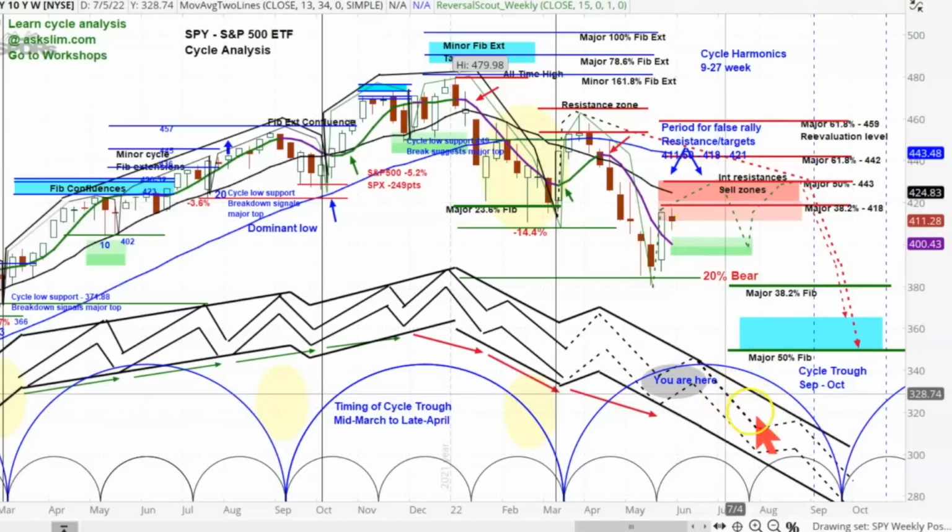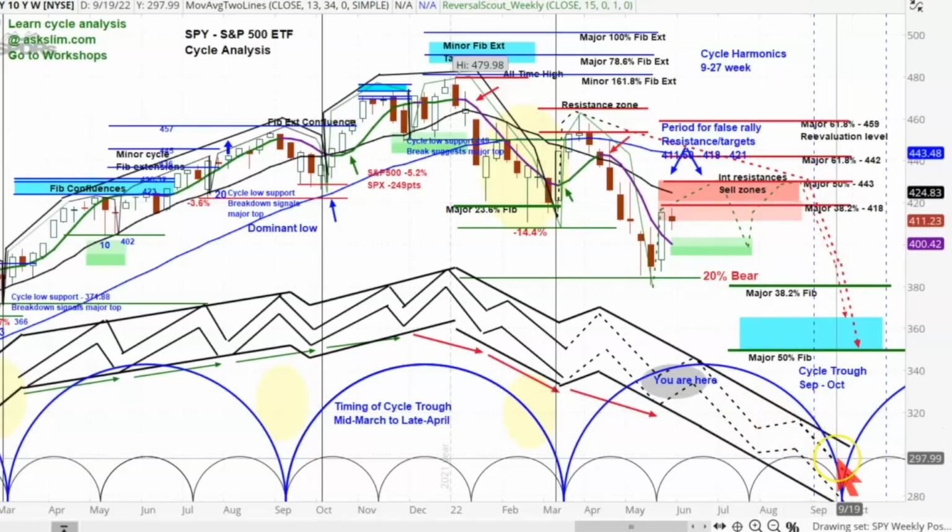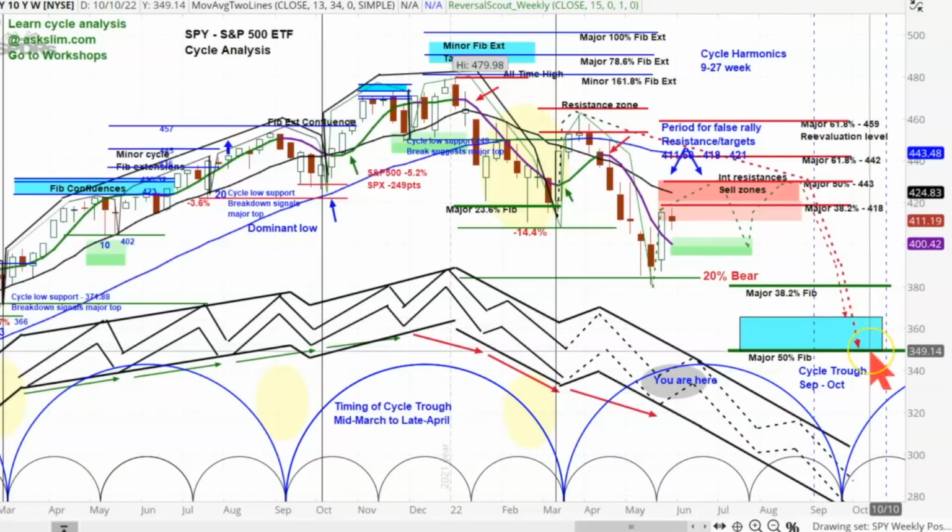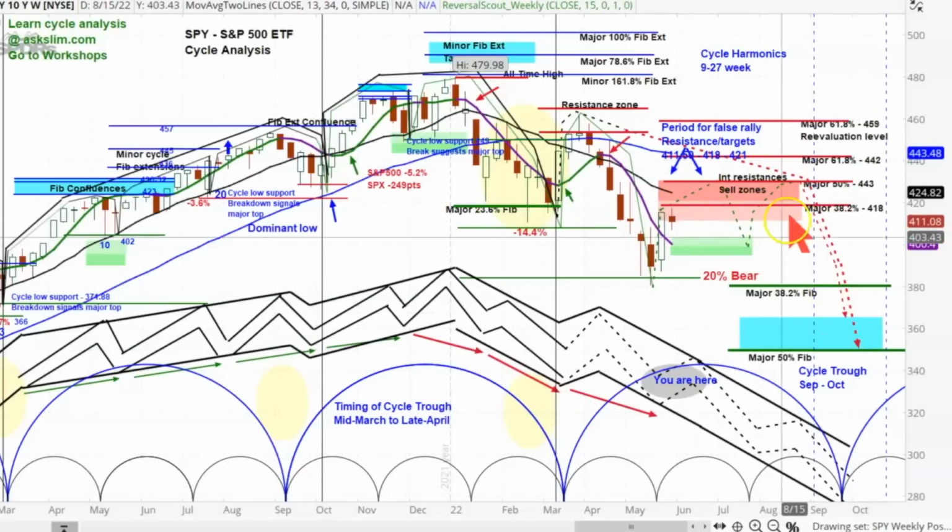But then you get into this area here where it's likely to get slammed again, and that doesn't change our projection much. This would be a 365, this would be 349, 350 right over there, if it was this scenario where the market goes into a range before it really gets sold again.